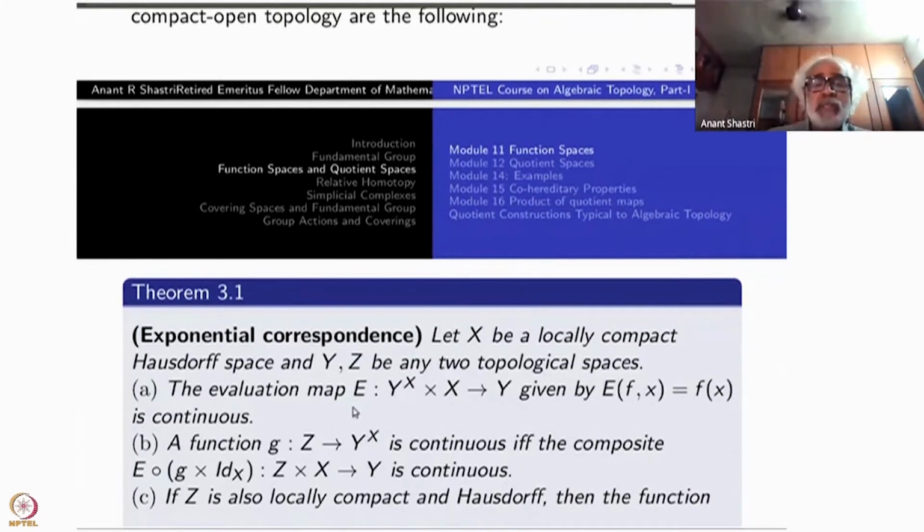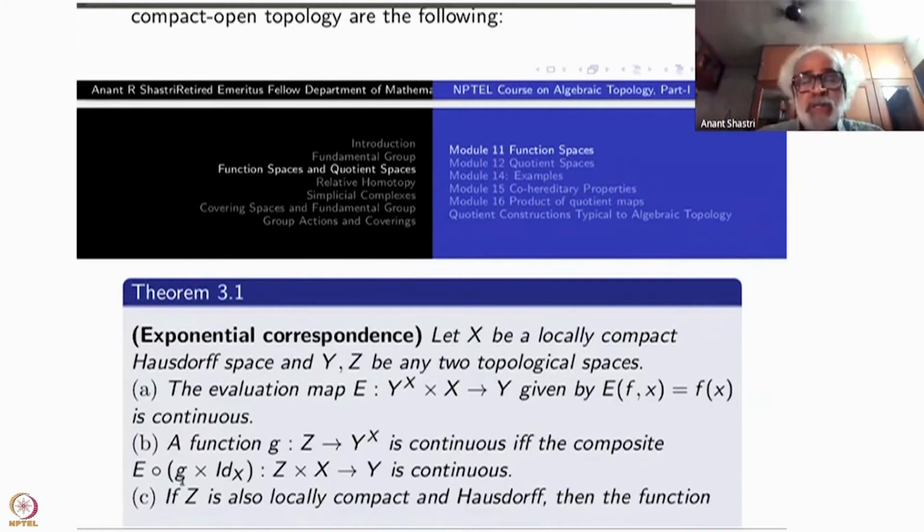All right. Now look at the function g from Z to Y power X. Some function is continuous if and only if you take g cross identity from Z cross X to Y power X cross X. So Z cross X, you land here with g cross identity and then follow it by the evaluation map. If that composite is continuous, G will be continuous.